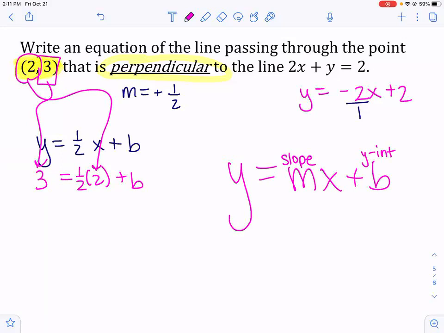I thought -2 was the slope and then you have your x. What's the slope intercept? Wait, so what's b? There's two ways. There's three.